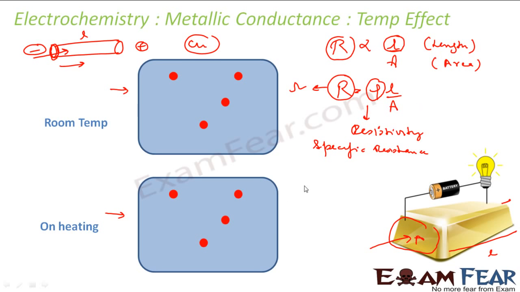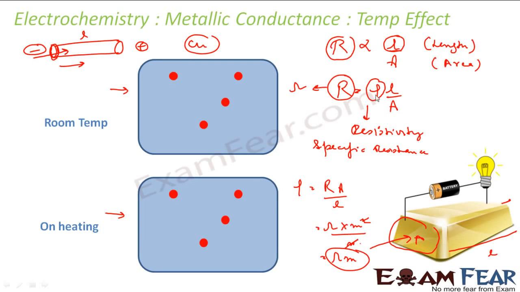So this is nothing but RA by L, right? R is in ohm, area will be in meter square, and length will be in meter. Meter square and meter cancel, and you get ohm meter. If you put area in centimeter square and length in centimeter, you get ohm centimeter. So ohm centimeter or ohm meter is used, but the SI unit is ohm meter.